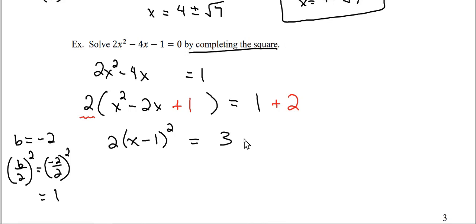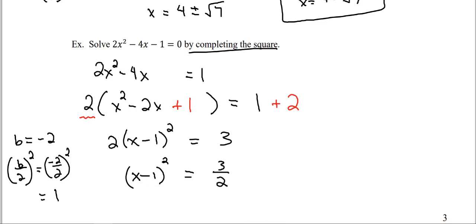Remember, when I complete the square, what I'm ultimately doing is trying to use that square root property. So I need to get whatever I have squared by itself. In this case, the x minus 1 quantity is what is squared. So I am going to divide both sides of this equation by 2.